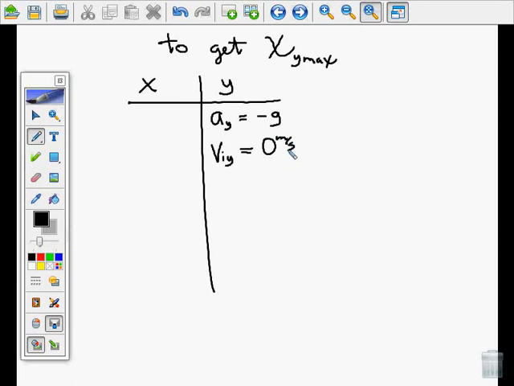And we know that the time on the way down is equal to the time on the way up. And that's equal to, what was that? vi sine theta over g.